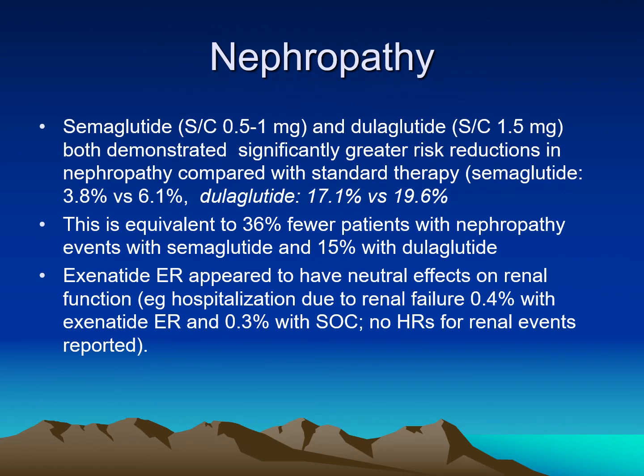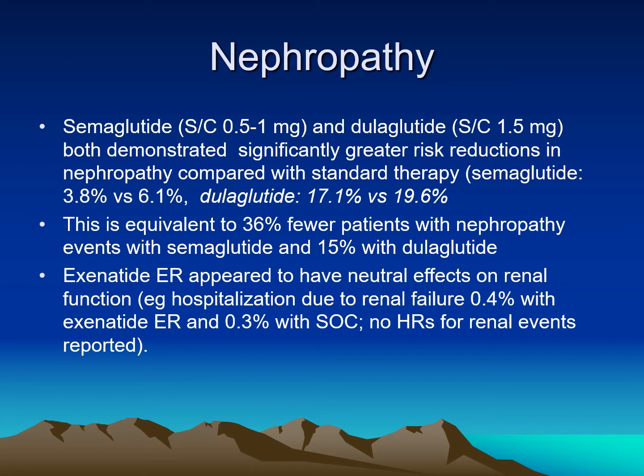Now, nephropathic effects, that is renal protective effects, have been shown with semaglutide and dulaglutide. They demonstrated significantly greater risk reduction in nephropathy compared to standard of care, equivalent to 36 fewer patients with nephropathy events with semaglutide and 15% with dulaglutide.